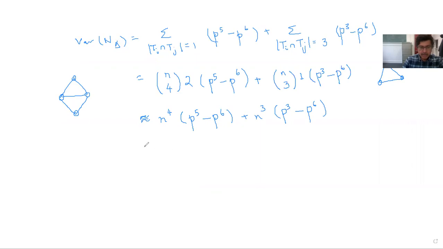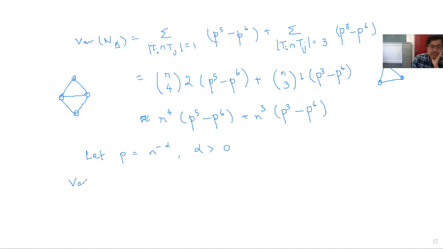Okay, so let's take p to be n to the minus alpha, where alpha is some strictly positive constant, so it's bigger than 0.